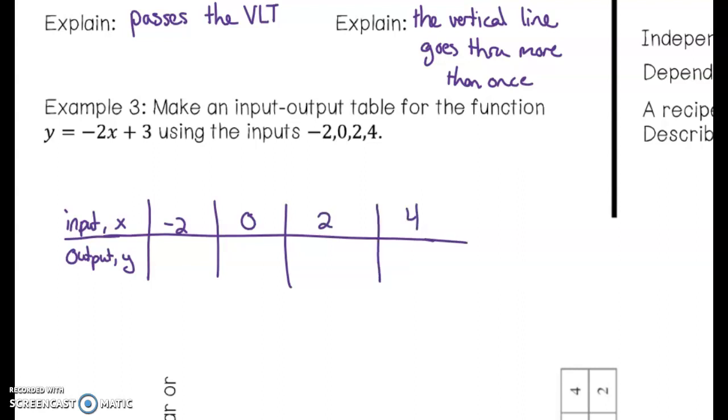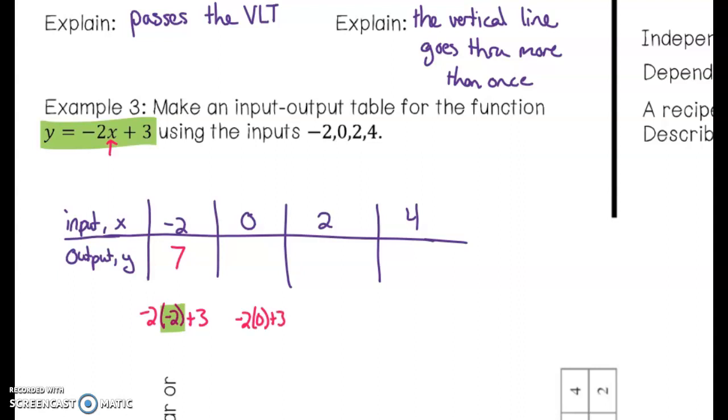How you're going to get your outputs is you're going to use this function. We're going to plug each number in for x. On this first one, we're going to plug in negative 2 where the x is. That's where the x is. Now you can use a calculator or mental math, and you're going to end up with 7. On this next one, we're going to plug in 0 where x is.